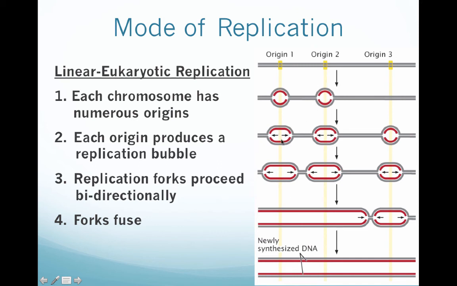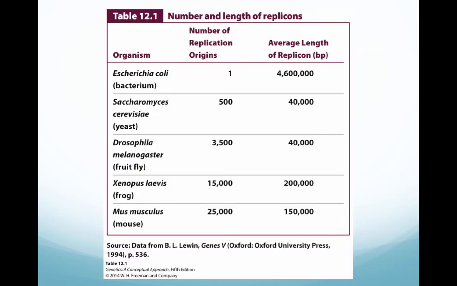And as they get longer and we start adding more nucleotides to that newly synthesized strand on both of them, they eventually meet and are glued back together to form this long piece of DNA. And so at the end of this process, all the forks are going to fuse together, and we have an entire new copy of a chromosome. So again, this is happening in a bidirectional manner. Okay, so similar to theta replication, but in a linear model.